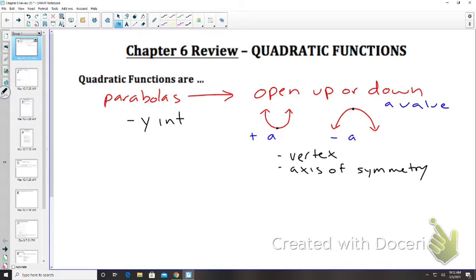Or if we know two points that have the same y-coordinate, because it is symmetrical, as long as they have the same y-coordinate, you can find the axis of symmetry that way. So they're symmetrical.